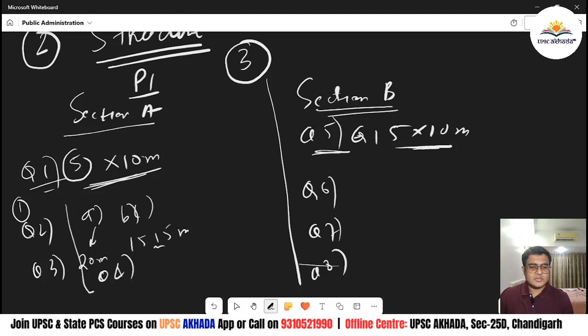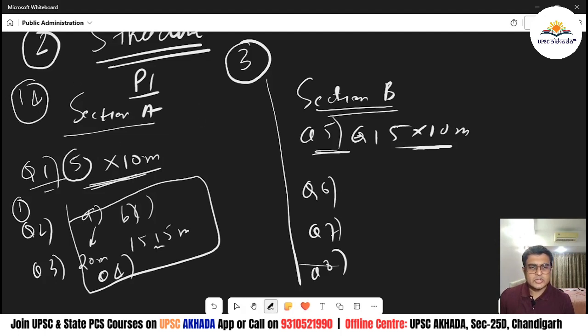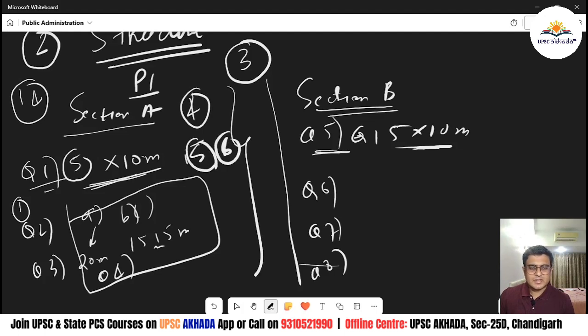Okay, so this is the structure of paper 1. As I told you, the first 4 chapters of paper 1 are very important. So the majority of section A will be from the first 4 chapters, and also some questions of question 5, and chapter 5 and chapter 6 will also be there, that is accountability, control and administrative law.